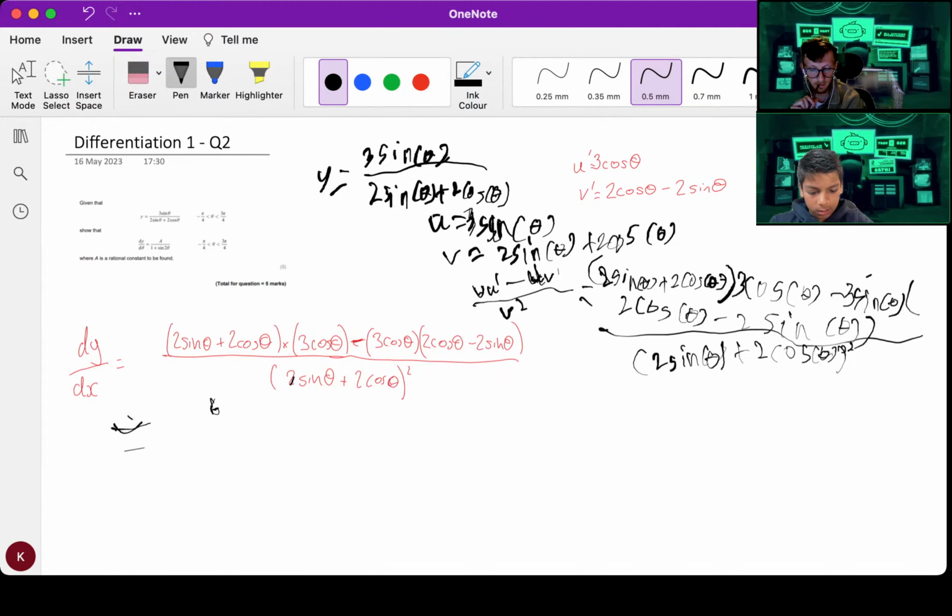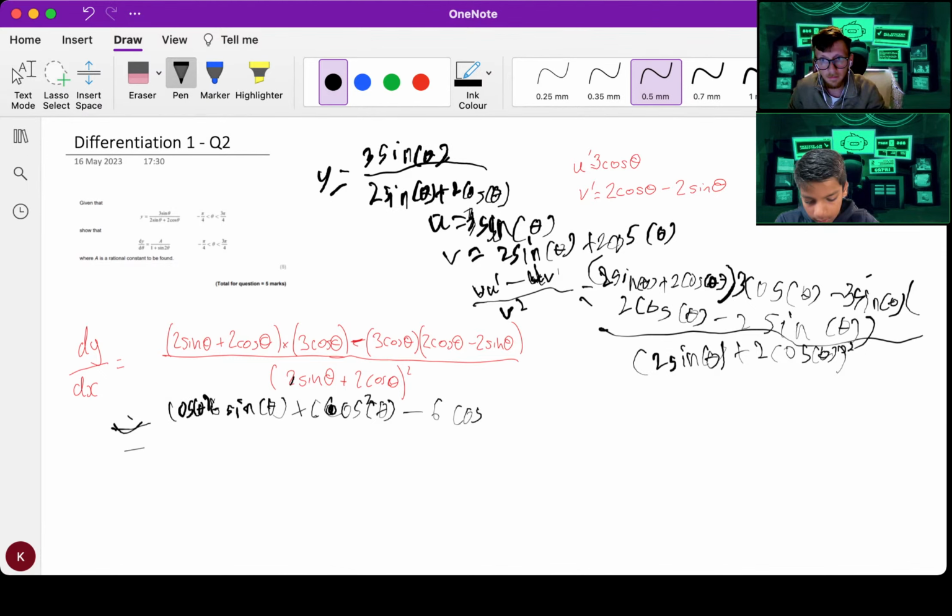So 6 sine theta plus 6 cos of theta minus 6. Oh, are you sure that's right? Double check that. cos squared, and that's cos squared, and that's sine cos of theta. 6 squared sine theta.